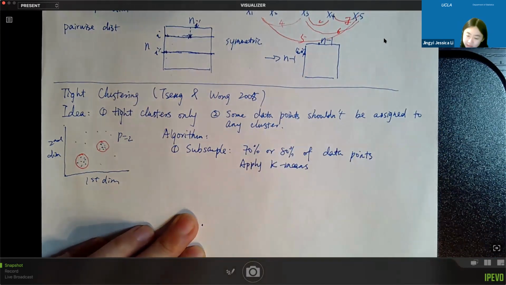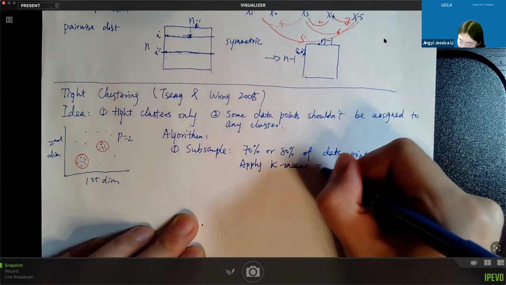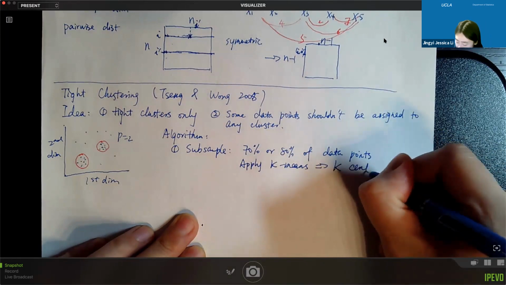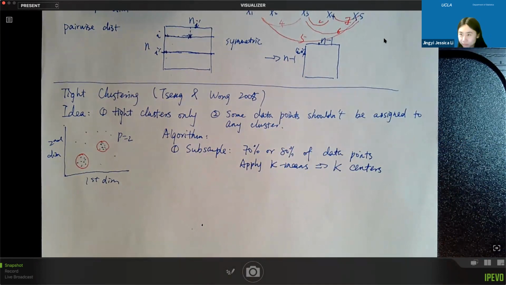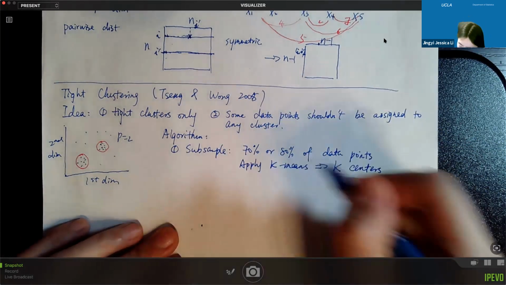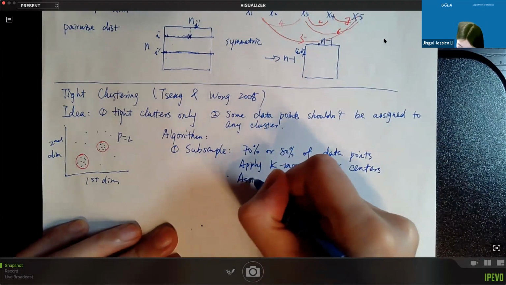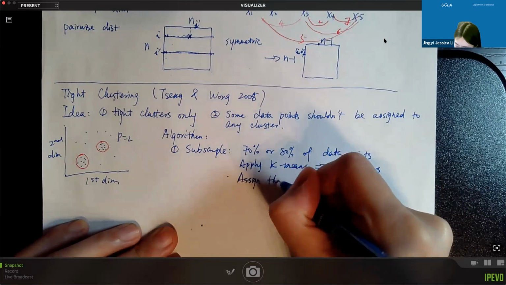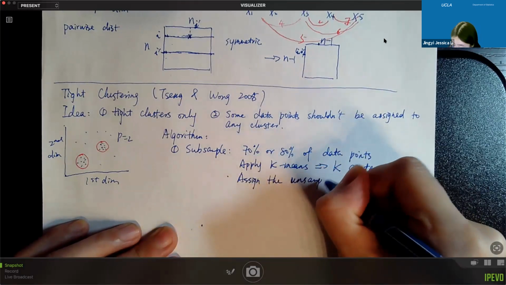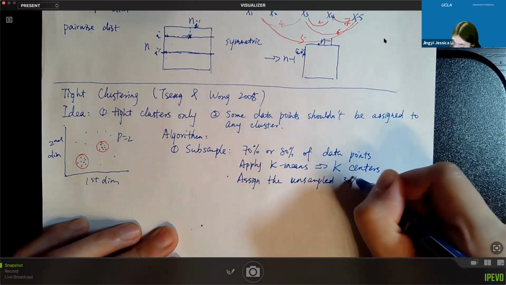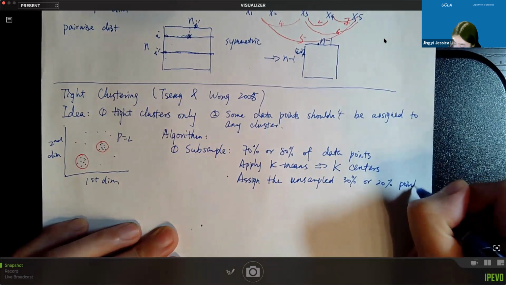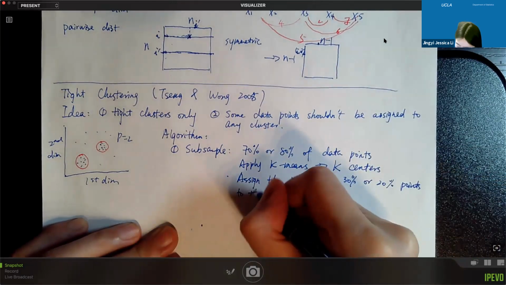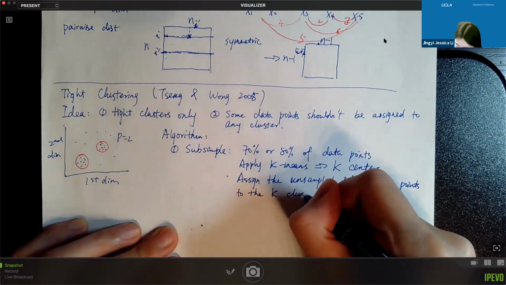Okay, and then of course you're going to have k centers, just as what we have in k-means, k centers as k p-dimensional vectors. And then you're going to assign the remaining, the unsampled 30% or 20% points to the k clusters.